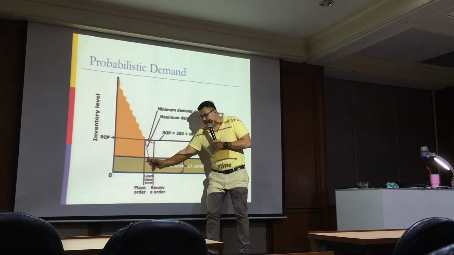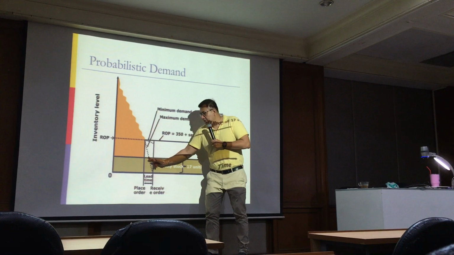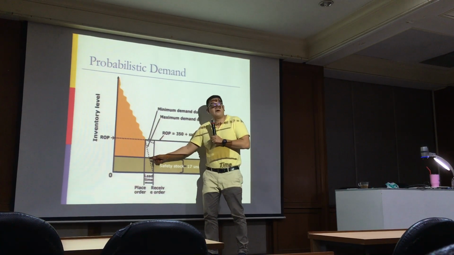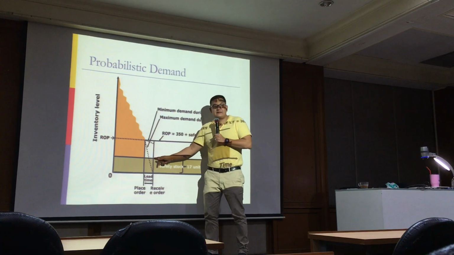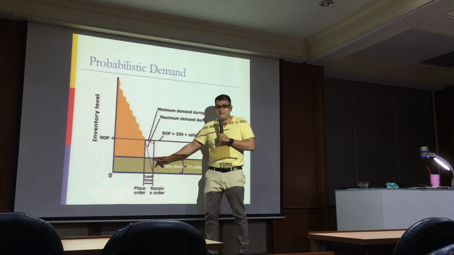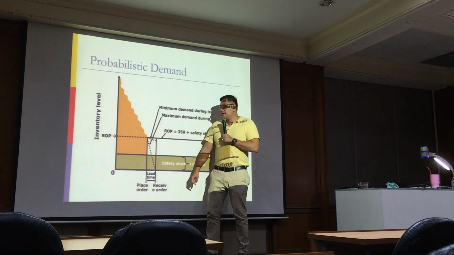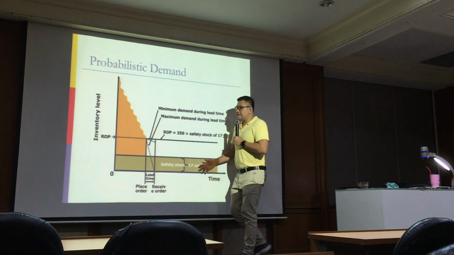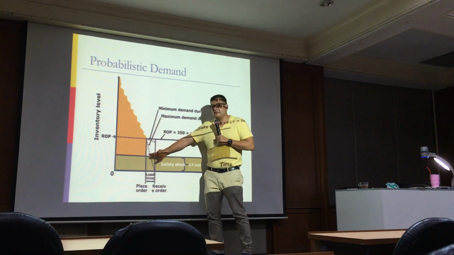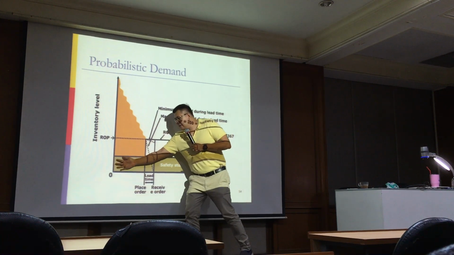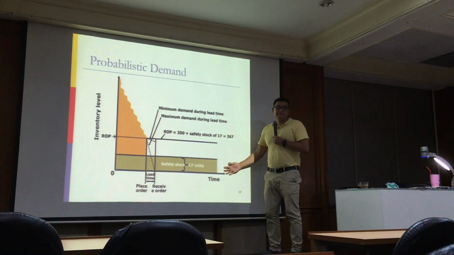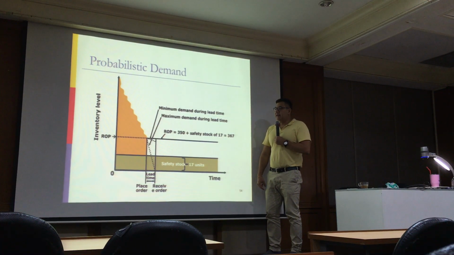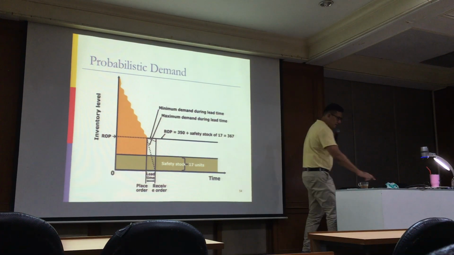But if it goes like this, you don't have any inventory before you reach 10 days. This is the problem. So in order to handle this problem, we need to have safety stock. And how can we calculate the safety stock in this case?